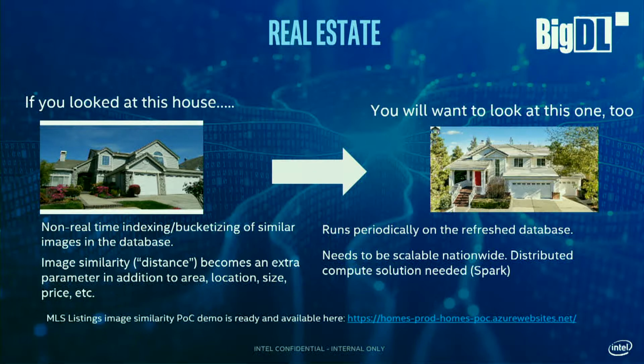And they will also upload a bunch of images, including the interior and the exterior of the houses. And usually it's not until you see the image of a house that you can decide whether you like the house or not. So MLS listing actually is developing an application to find similar houses based on images with BigDL.